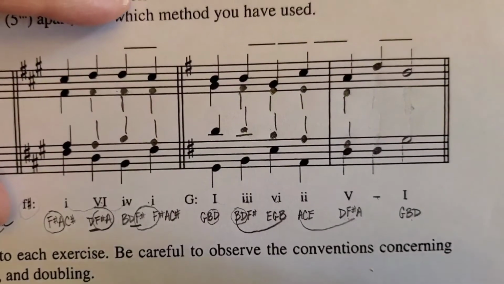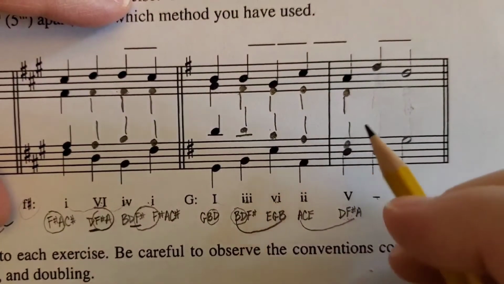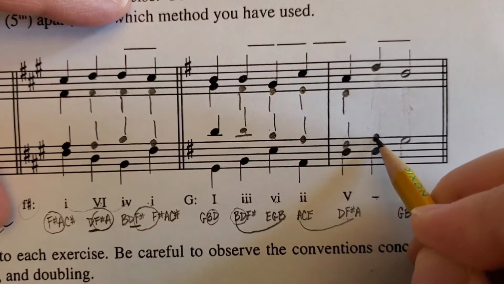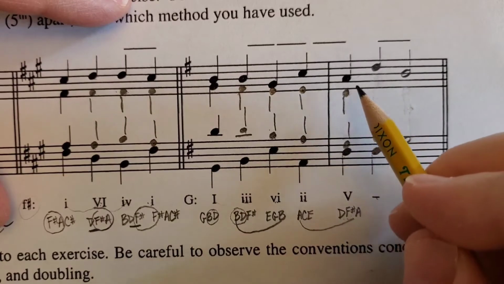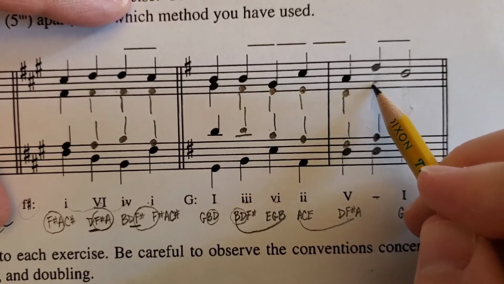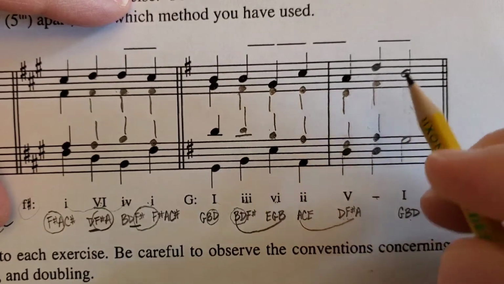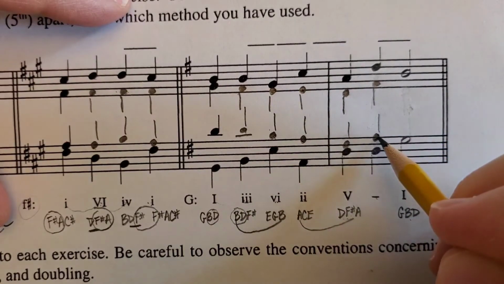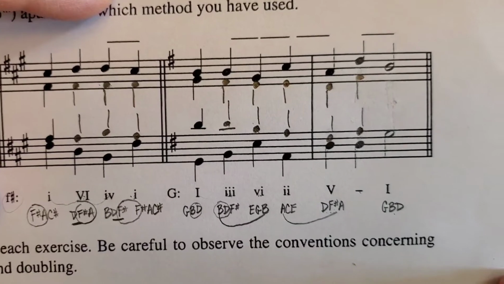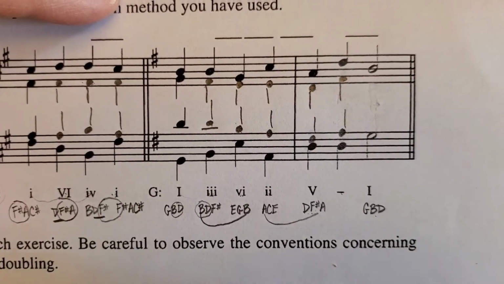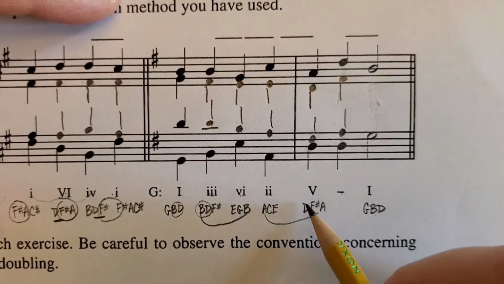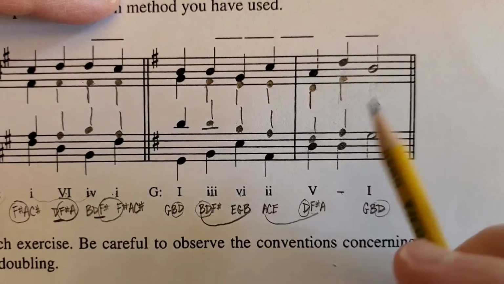All right, well, to fix that problem, we're going to want to move this F sharp up to the A and this D up to the F sharp. Notice we have the 2 roots, the 1/3 and the 1/5, and we don't have the spacing error or the voice overlap.